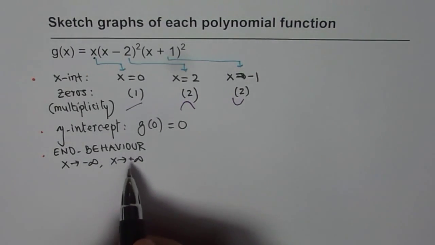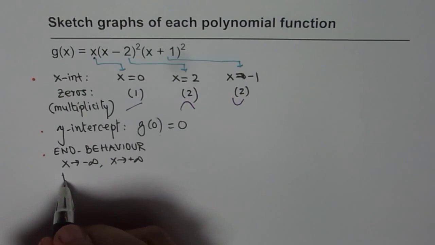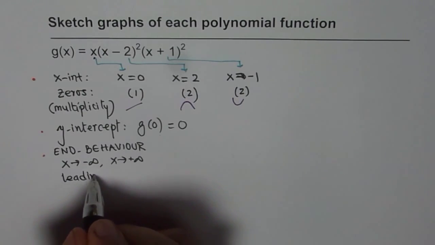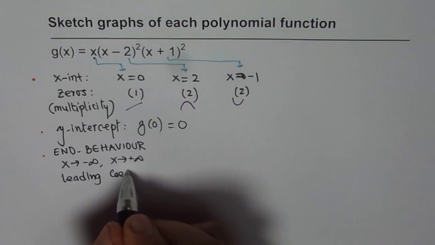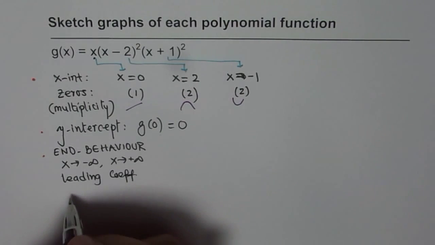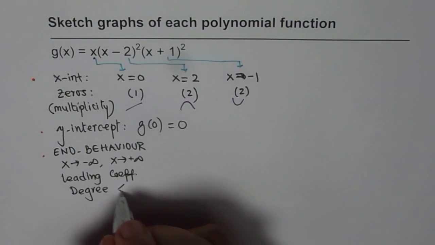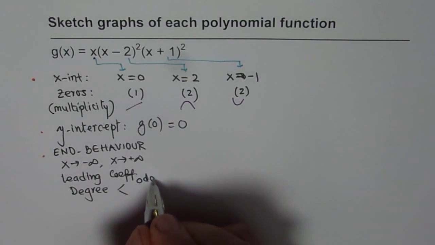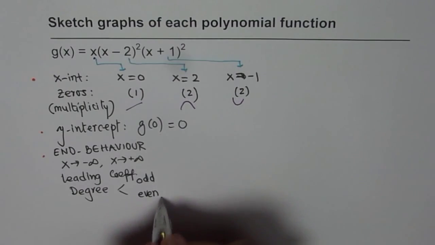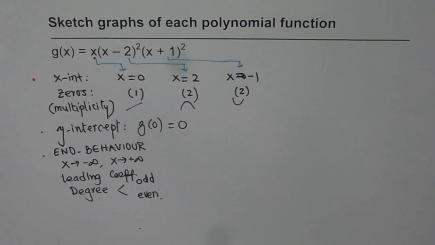And that is really decided by the leading coefficient and by the degree of the polynomial. We have to check whether it is odd degree or even degree.